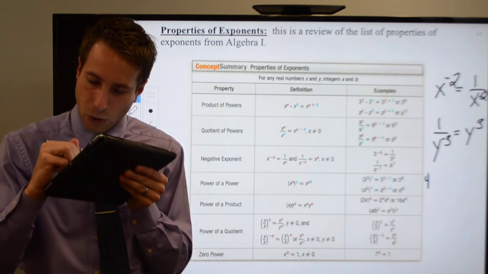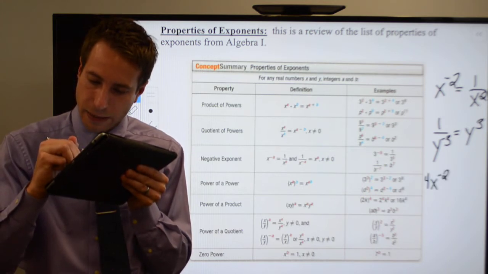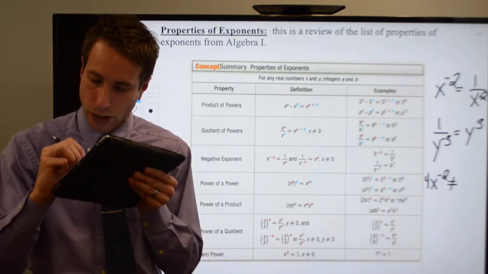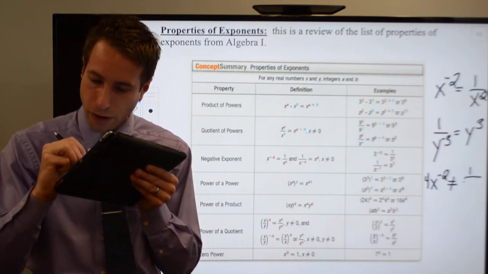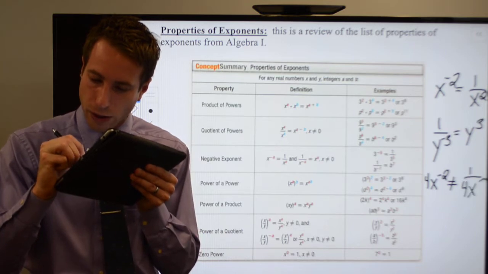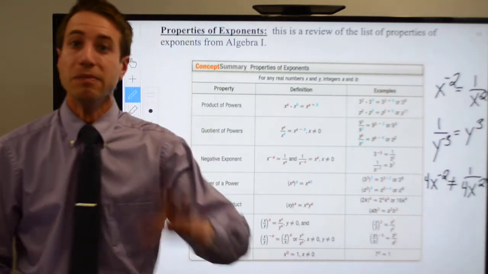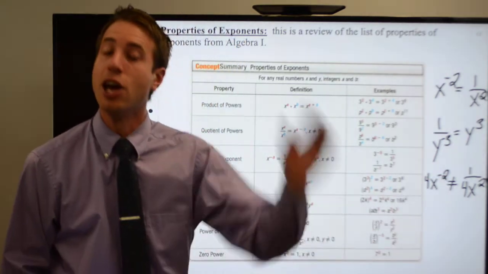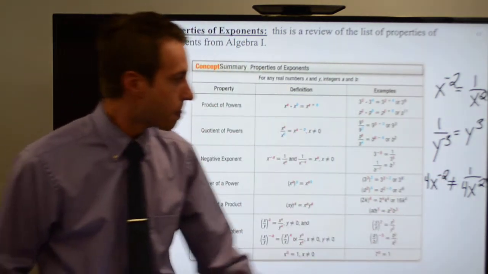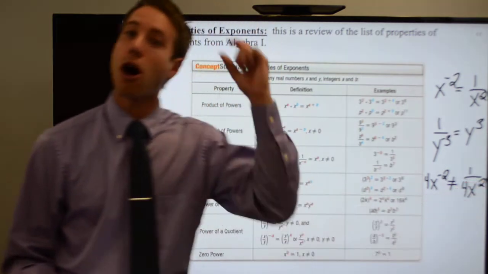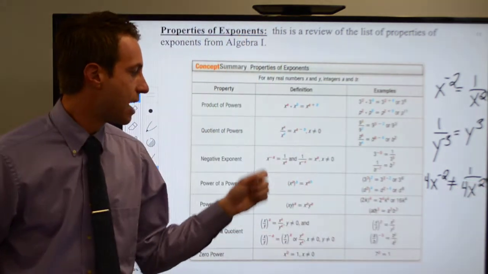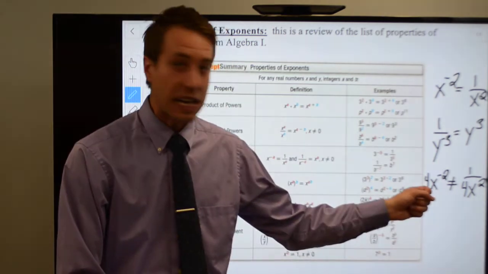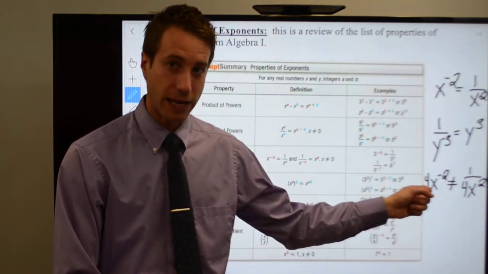If you have 4x to the negative second power, this is not equal to 1 over 4 to the x squared power. Yes, absolutely, the x to the negative second, you take that to the bottom and make it x to the positive second power. That's the way the property works. But this 4 is not raised to a negative exponent.